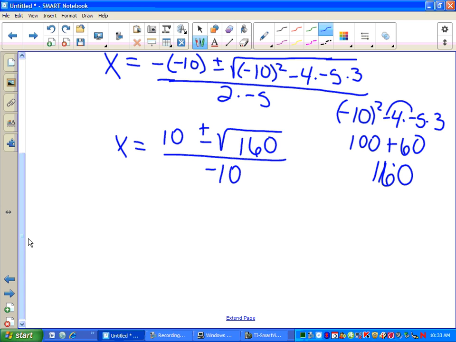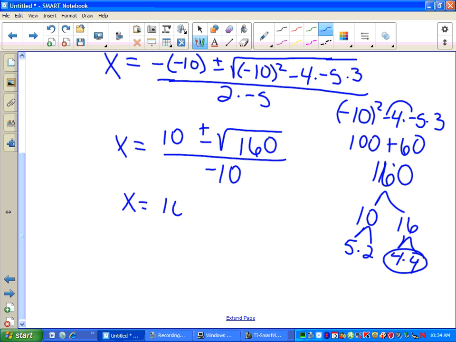Okay. So here we go. Oops, we got to simplify that 160. Let's break that down. That would be 10 times 16. I know the square root of 16 is 4. So let's do 4 times 4. Those match. This is 5 times 2. Those aren't going to match. Okay, so this is going to be x equals 10 plus and minus 4 root 10 all over negative 10.